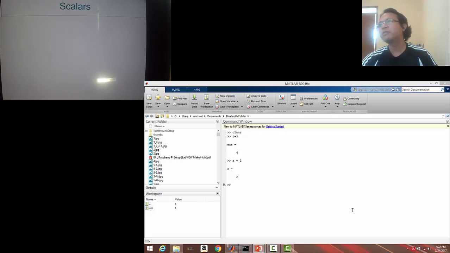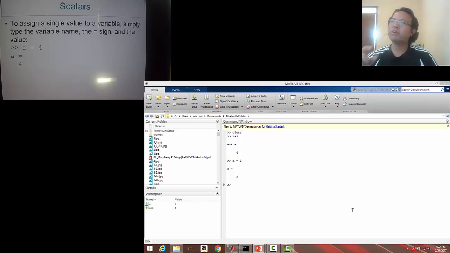Scalars. How do we write a scalar in MATLAB, or a vector or an array? So we will explain that. To assign a single value to a variable, just like what I started here, a equal to 2, simply type the variable name, the equal sign, and the value. So you say a equal to 4. Have you seen this part here?